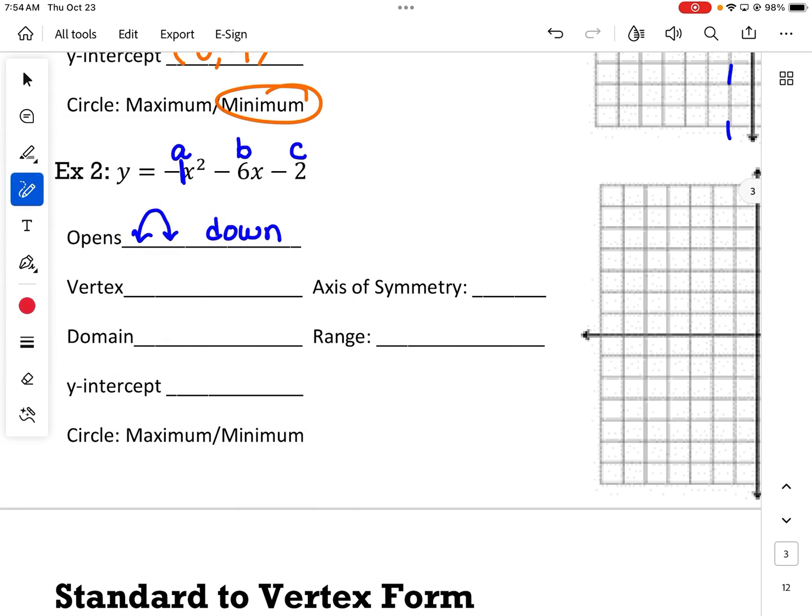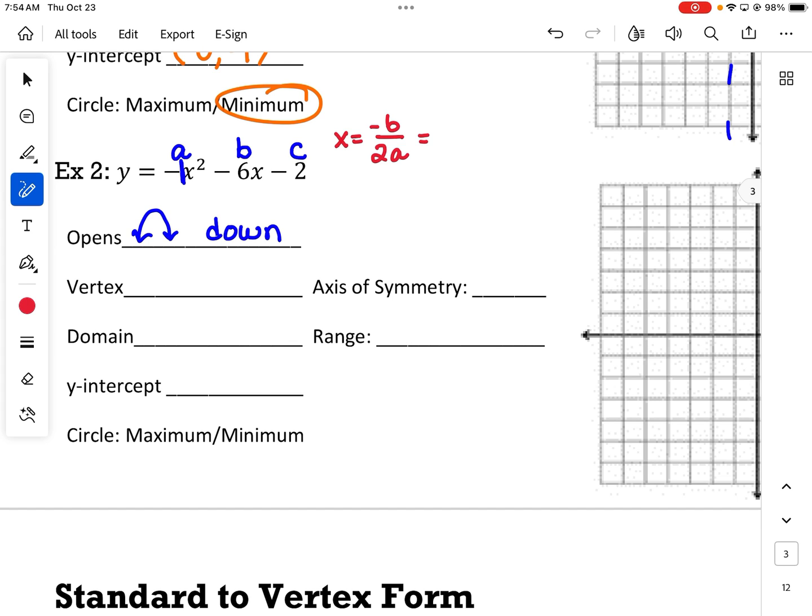Okay, the vertex is found by doing -b over 2a. So it's x equals -b over 2 times a. If it's already negative, then we change it to positive. Negative just means the opposite sign of what it is. So -b over 2a.